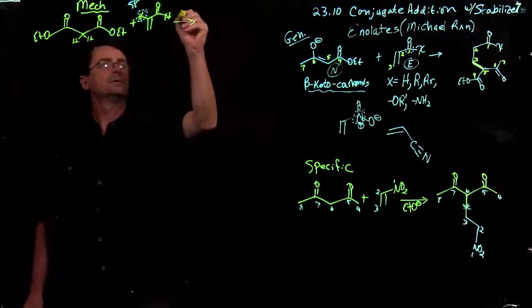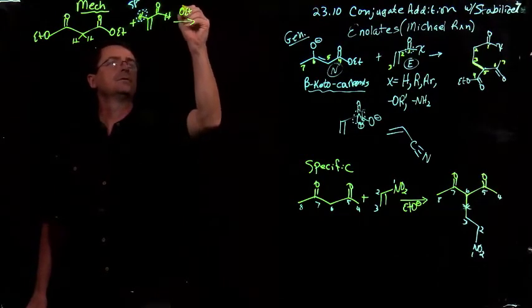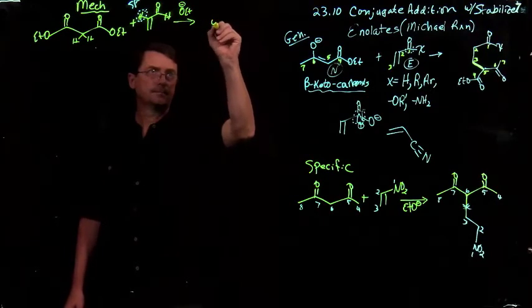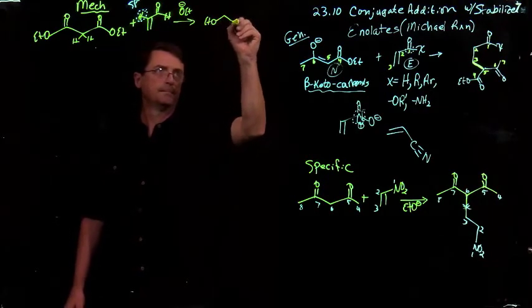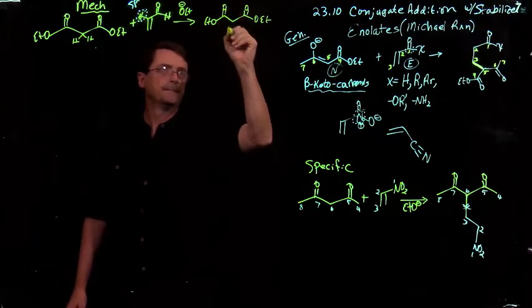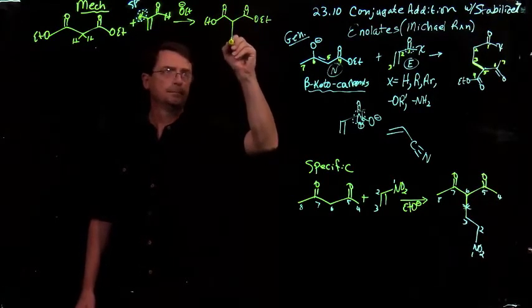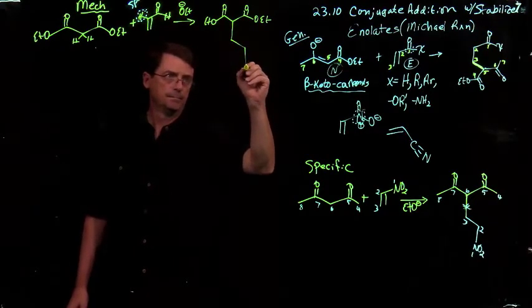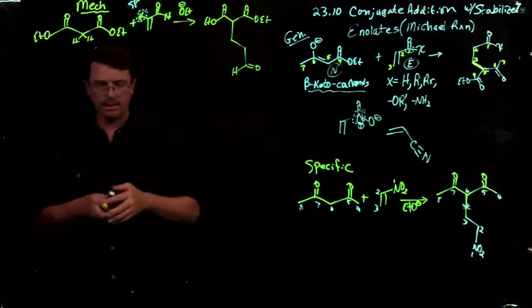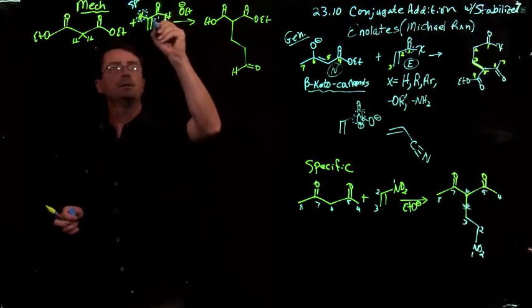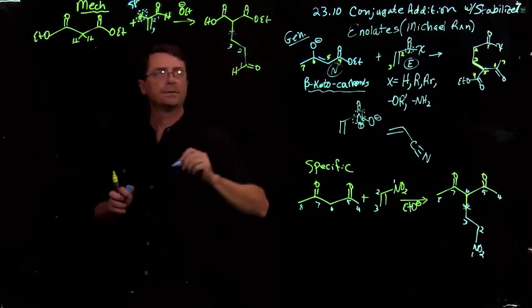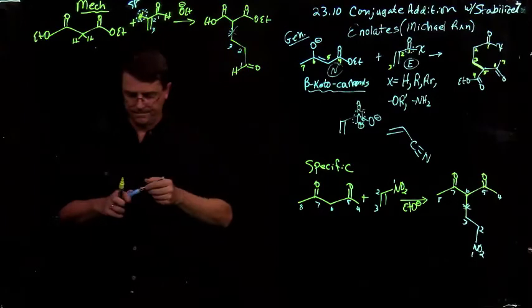Okay, so under Michael conditions, we would then obtain as a product again, looking at this 1, 2, 3, 1, 2, 3, there's the new bond that we made.